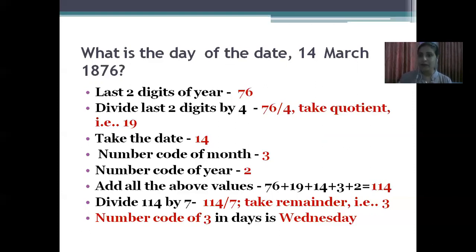In this step, you leave the quotient and take the remainder only. So the remainder is 3, and you find the day against the number code 3, which is Wednesday. So 14th March 1876 is a Wednesday.